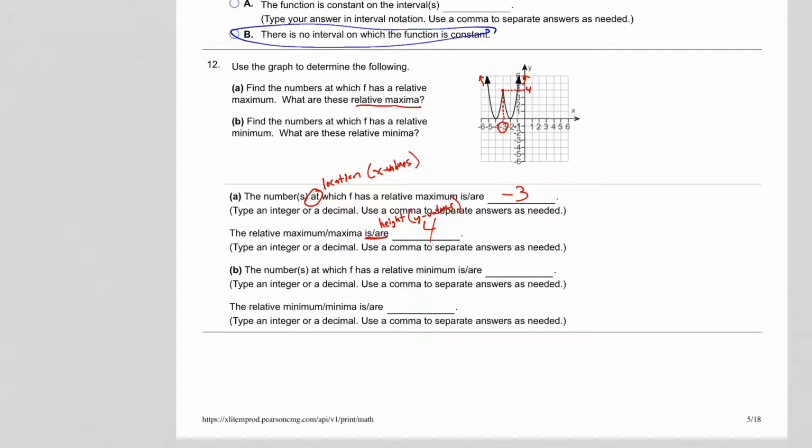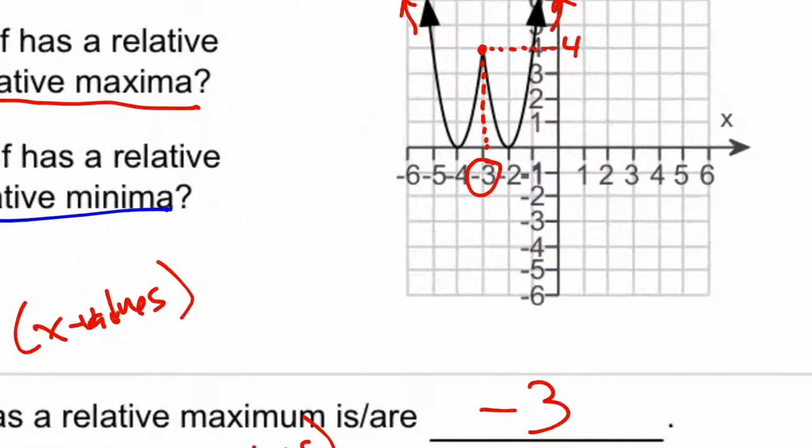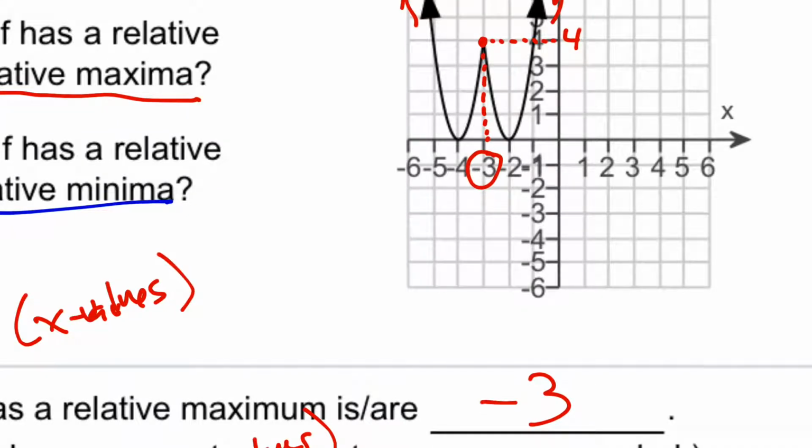Now let's do relative minimum. So we're going to take a look. These two has two spots, right here and right here. So those are the two locations, -4 and -2, that there is a relative minima.